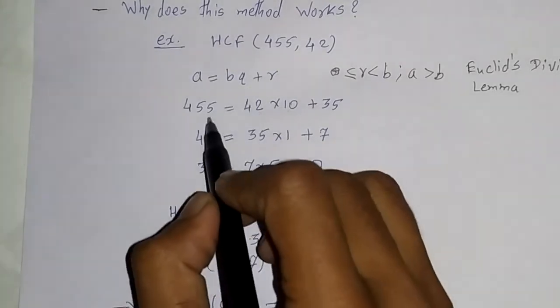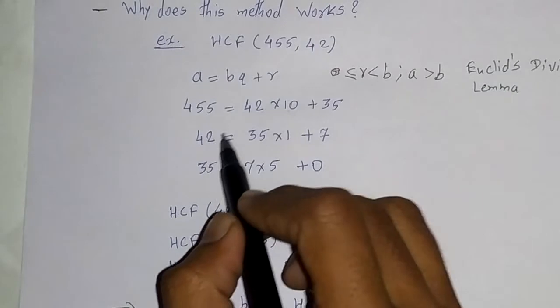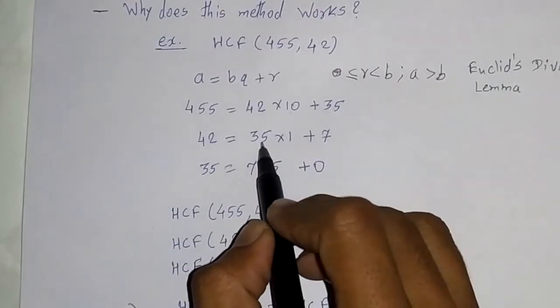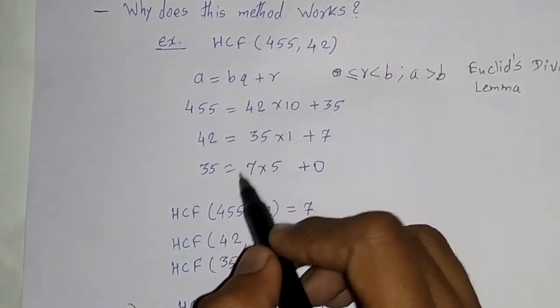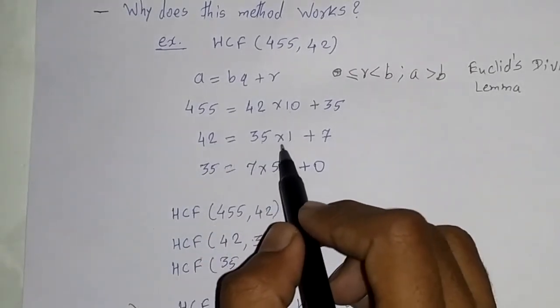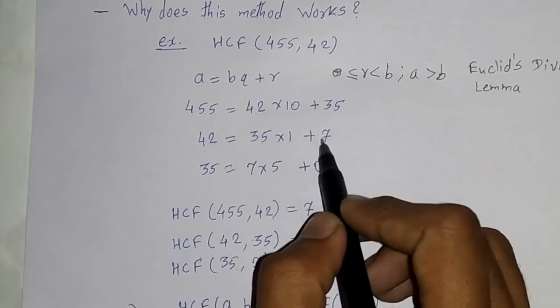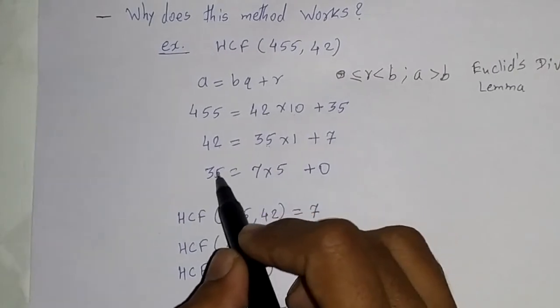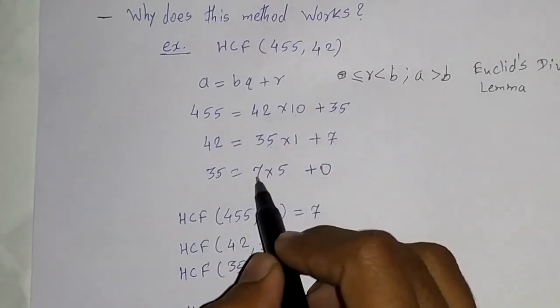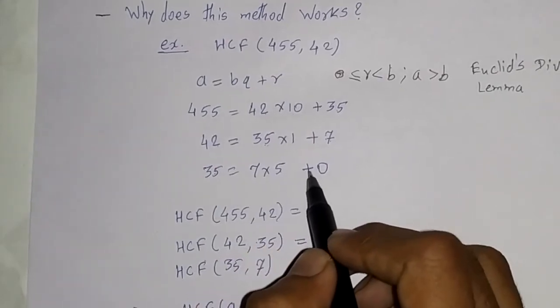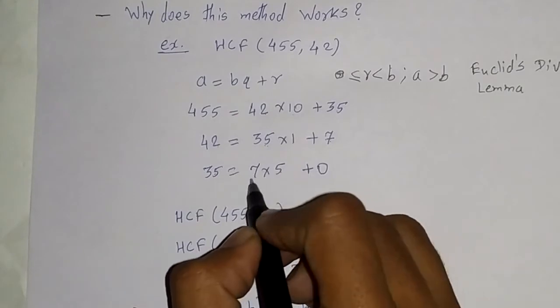So in next step, our divisor becomes dividend, remainder becomes divisor. 42 equal to 35 into 1 plus remainder 7. In next step, divisor becomes dividend, remainder becomes divisor. So 7 into 5, 35. 35 minus 35, remainder will be 0. So answer will be 7.